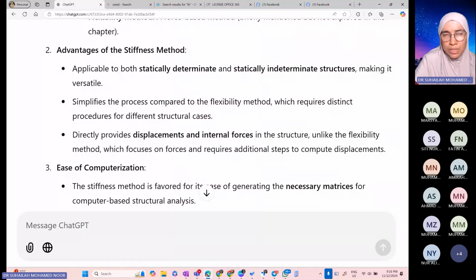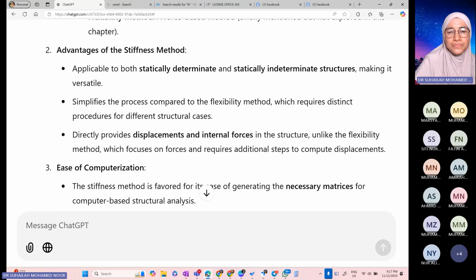Redundant is forces. So bila nak calculate displacement guna flexibility method, we have to add another method which is called unit load method. But for stiffness method, we will get the displacement and the internal forces directly.